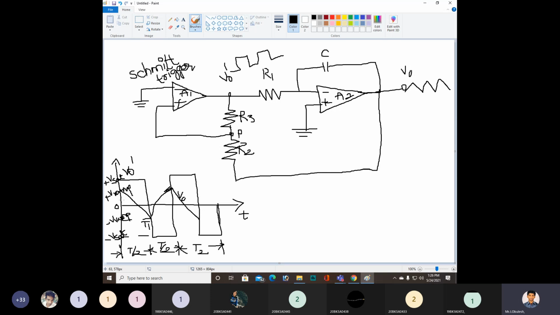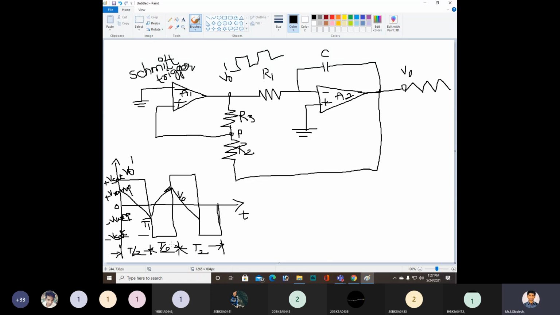You need to see that from this expected waveform. Here we have a plus V sat at one end, and the other is the negative going ramp of A2.